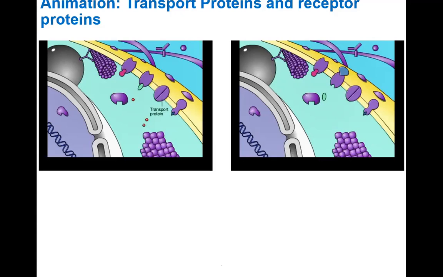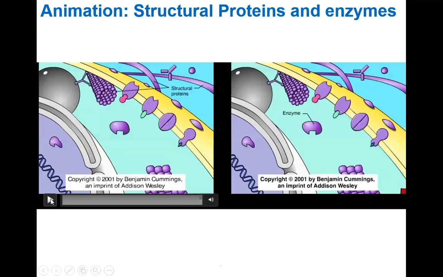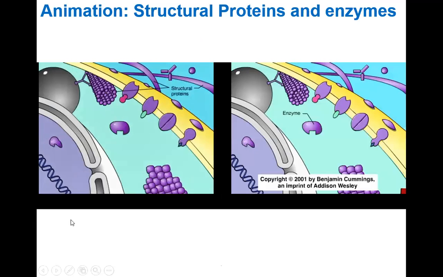It's too big to get in, but it will activate the production of a second protein to take a signal into the cell. We call it a second messenger system. So the large molecule can't get in, but it will land on a receptor and that will trigger a second molecule to move across the membrane smaller and tell the cell, hey, here's what you've got to do. It works very nicely.